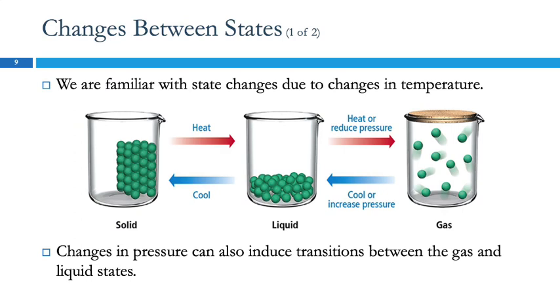Changes between states. Okay, we're familiar with the changes in the states of water. We've got ice that melts into liquid water. Liquid water can evaporate or be boiled into steam. These changes in state happen due to temperature.